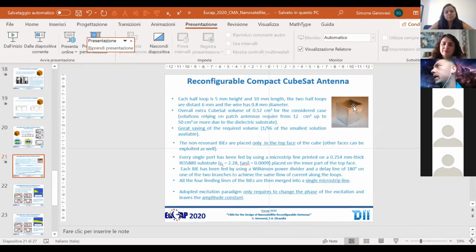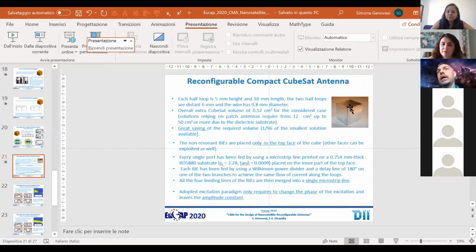Of course, we need to pay attention to possible interference, which can also happen with other kinds of antennas. Currently we are also checking what happens, for example, if we have solar panels or a camera, because the modal current distribution changes a little bit, but we can work around this. Knowing from the beginning that there is a camera, we can do the analysis and then excite the proper modes to get the pattern reconfigurability again.